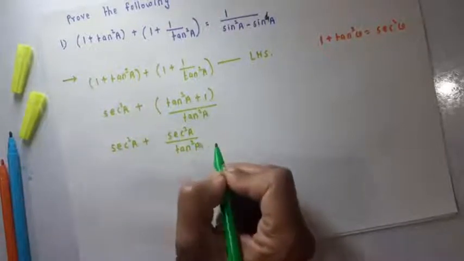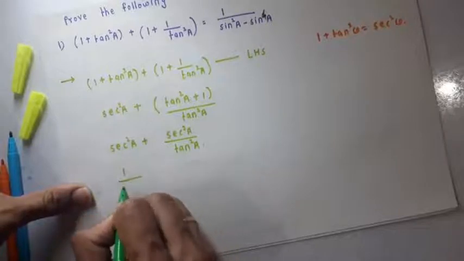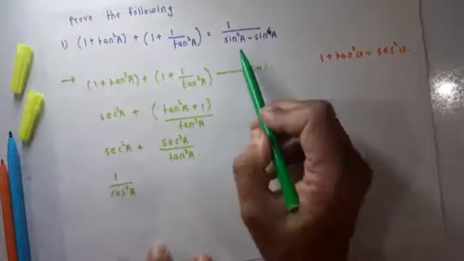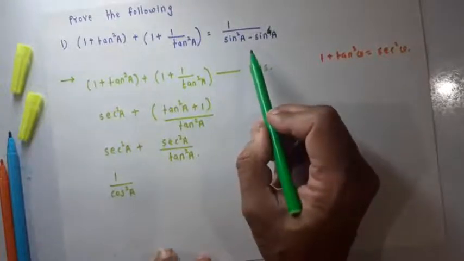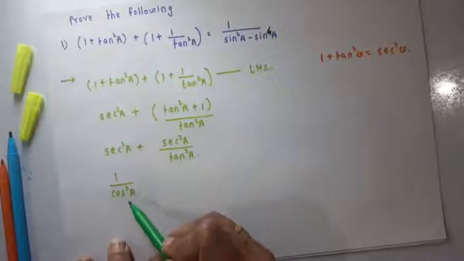Okay, and sec square A means 1 upon cos square A. Students, we have to convert the problem in terms of sine. That's why now convert into basics, that is into sine and cos.